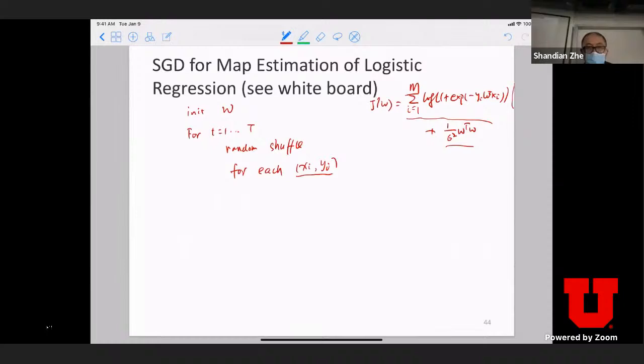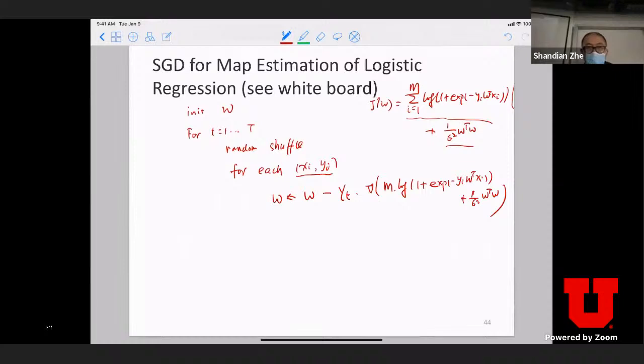So your gradient will be some learning rate times the gradient of m times log(1 plus exp(minus yi w transpose xi)) plus 1 over sigma square w transpose w.